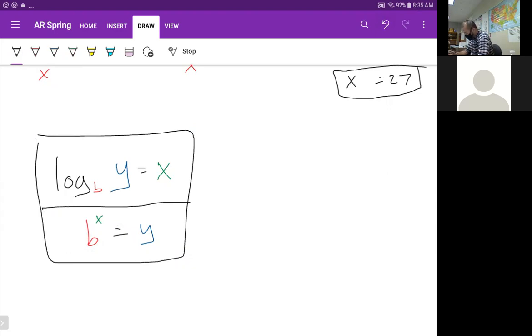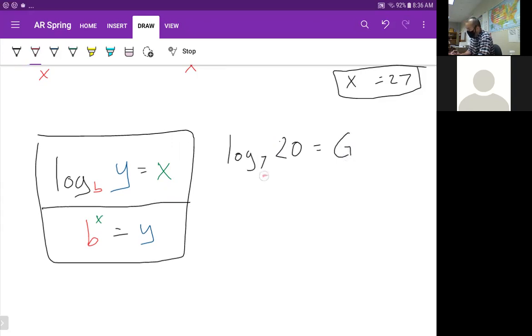So let's say you have log base 7 of 20 equals, I don't know, g something.